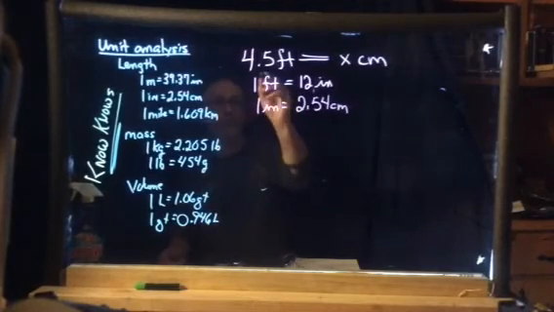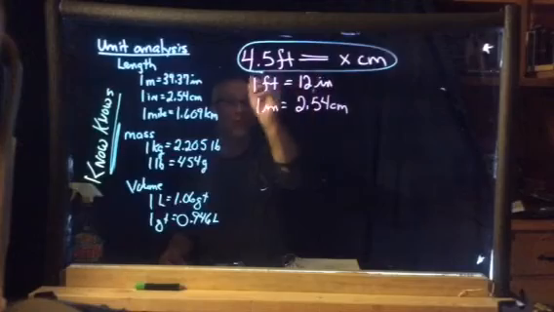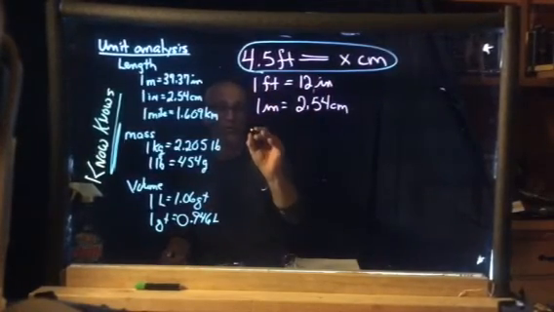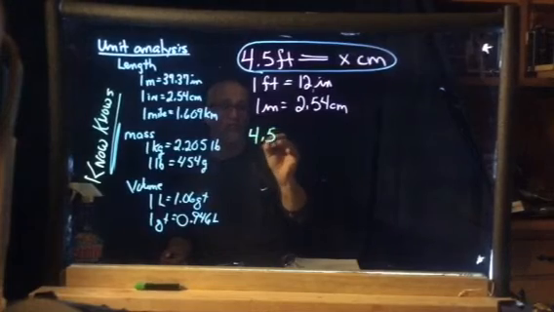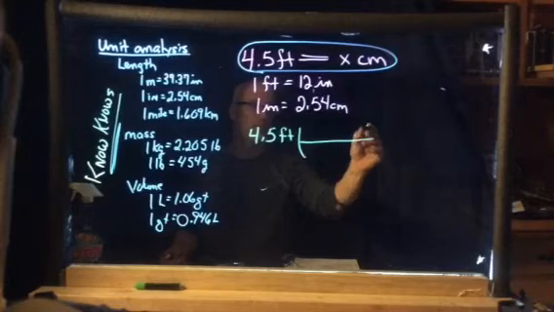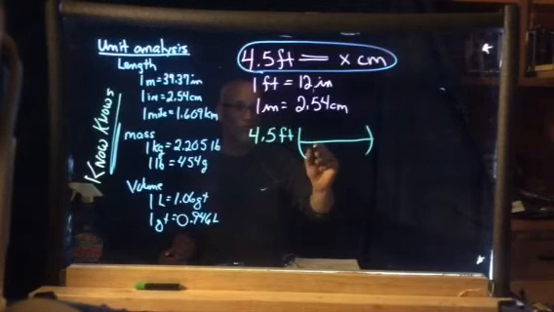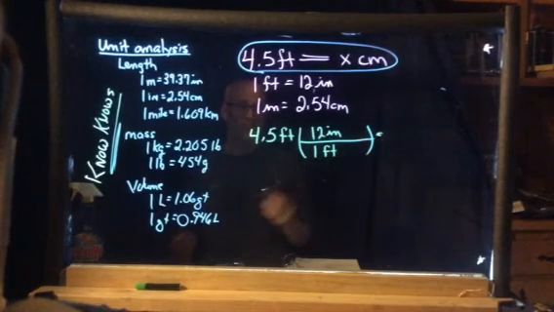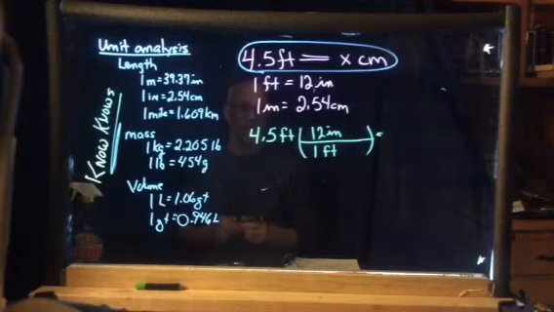So now to start with, we're going to start with what we want to convert. 4.5 feet. And we know that for every 1 foot there is 12 inches. What is that, 54?